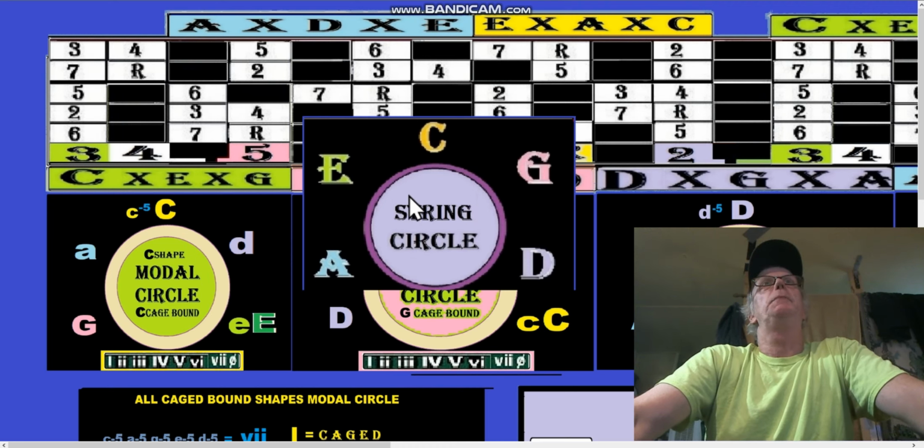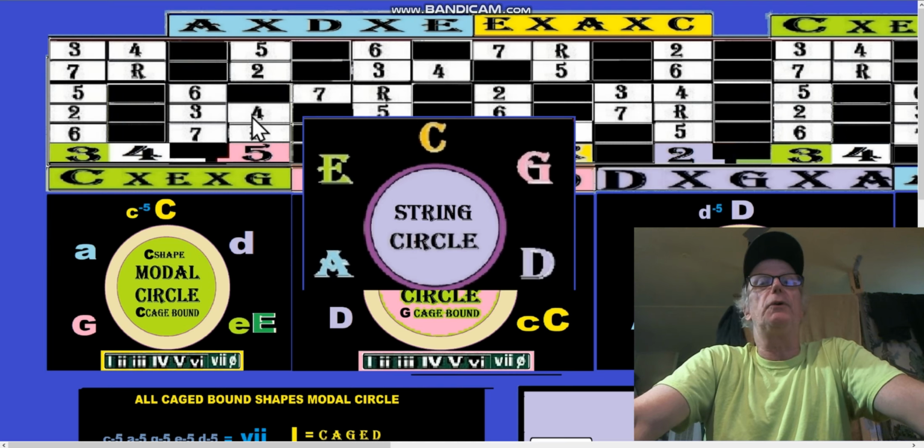Okay, now remember the string circle, here's your C string pattern shape. C, and then the next thing you have is the G string pattern shape. Then on top of that we have the Dorian pattern shape, 2, 3, 4. It's a Dorian, but it's also a D-shaped root.